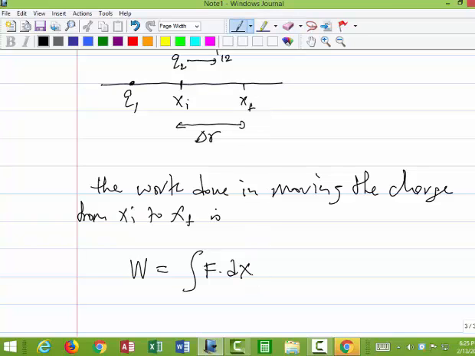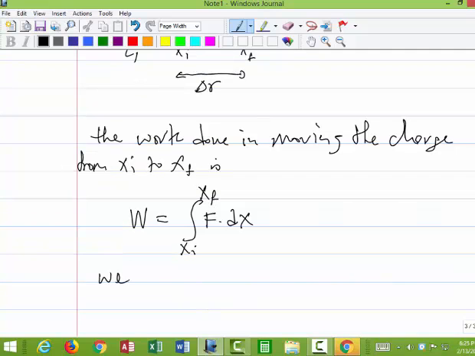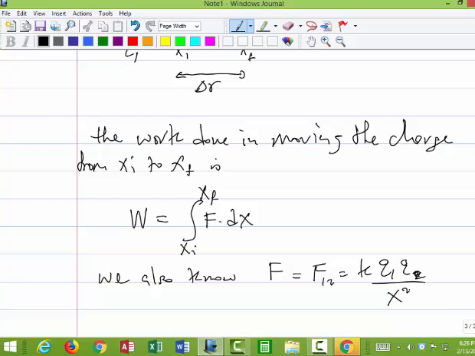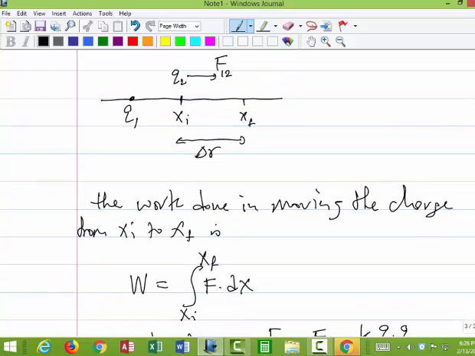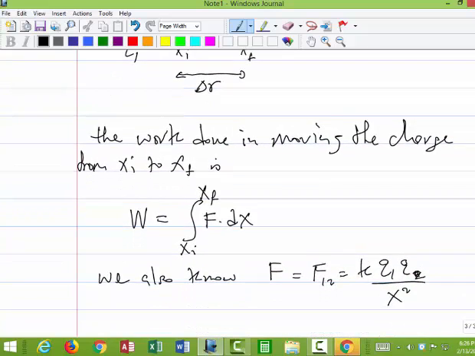So F dot dx, from X initial to X final, and we also know that the force F, which is just the force of 1 on 2, is equal to K Q1 Q2 over X squared. X is the distance from Q1 to the charge Q2, and Q2 moves from X initial to X final.